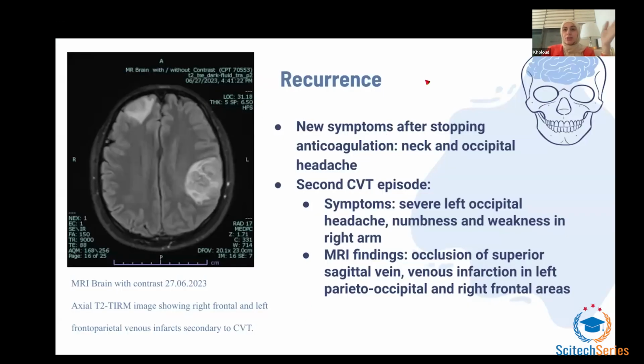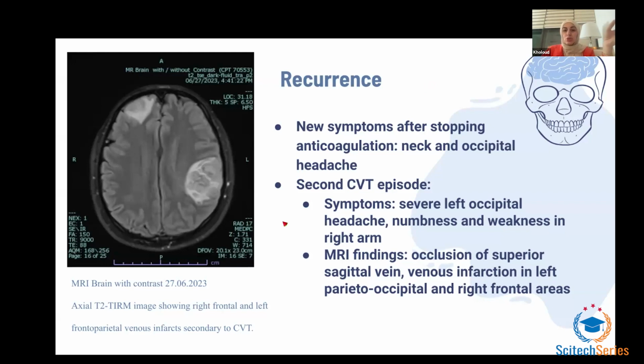And then again, after stopping it for about 20 days, she presented to the emergency department with new headaches, especially in the neck and the occipital area. And then because of her previous episode, they also warranted a new MRI to be done. And aside from the headache, she also had numbness and weakness in the right arm.